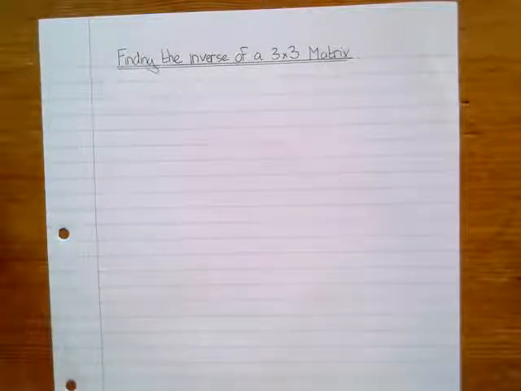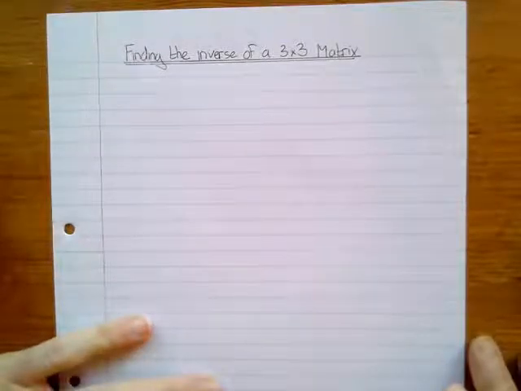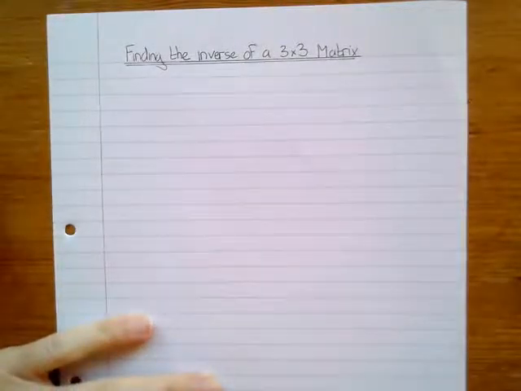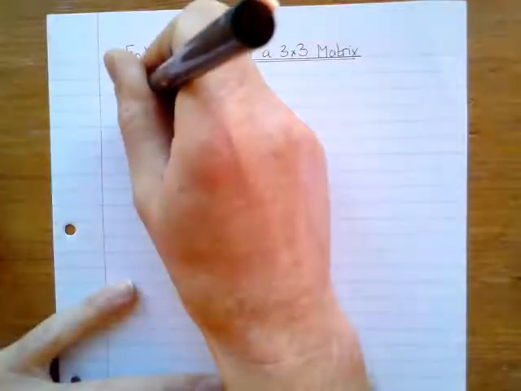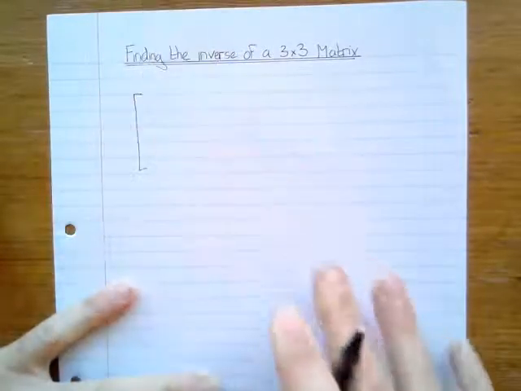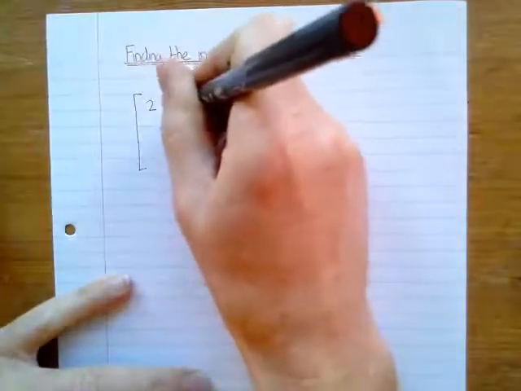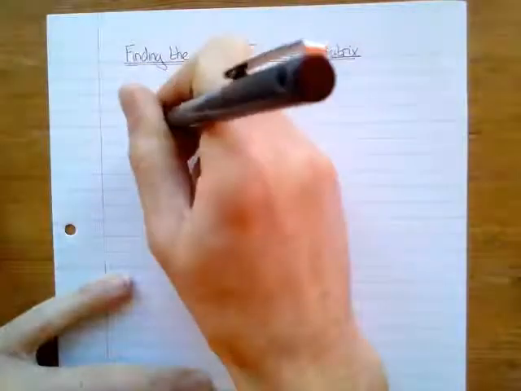Whoa, what does all that mean then? Well, let's do it and see. So I'm just going to do the example from the notes. Okay, so we are going to find the inverse of the following matrix. This is the one from the notes.